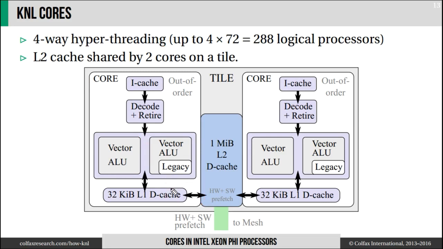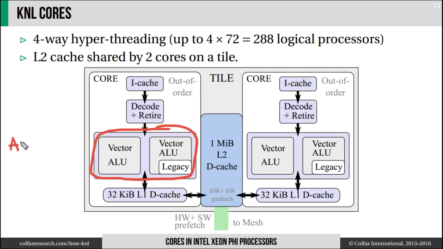To further pack the pipeline, Knights Landing cores have out-of-order execution. Importantly, arithmetic instructions are executed on 2 vector ALUs per core. What these ALUs, arithmetic and logic units, do is they perform operations on short vectors.